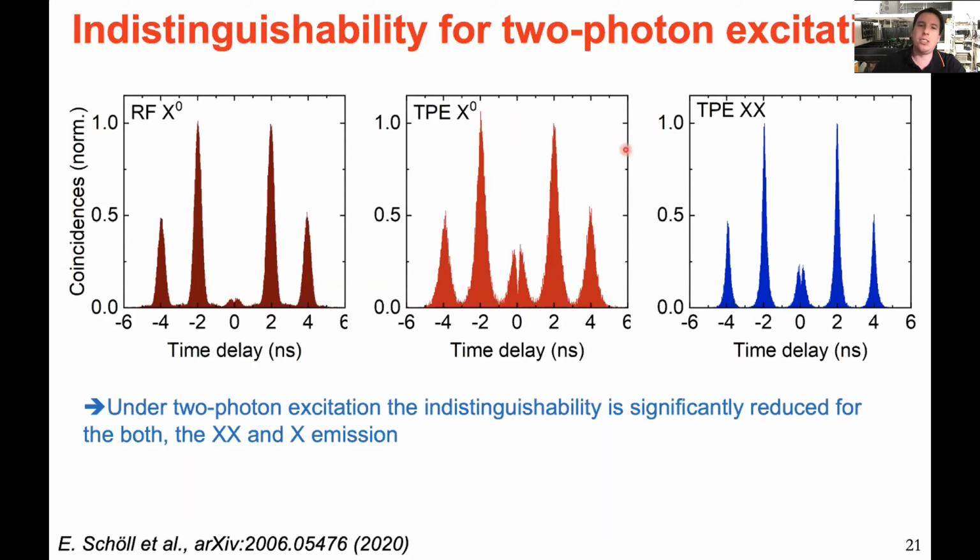For the exciton, you could have argued from the very beginning it's a cascaded emission, so it has some excitation timing jitter, but also the biexciton shows exactly the same indistinguishability. And experimentally, we confirmed this on a number of dots, also grown using different growth techniques.